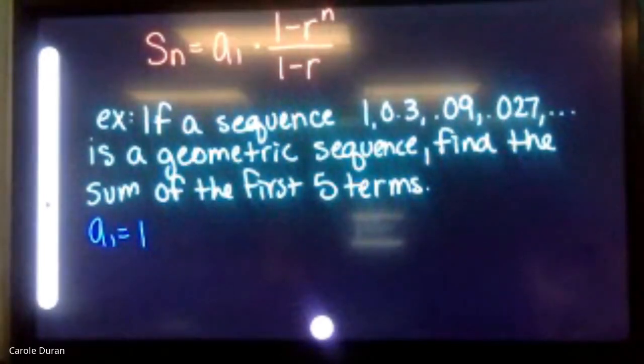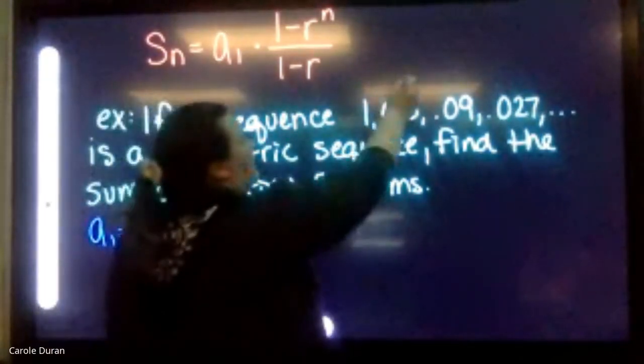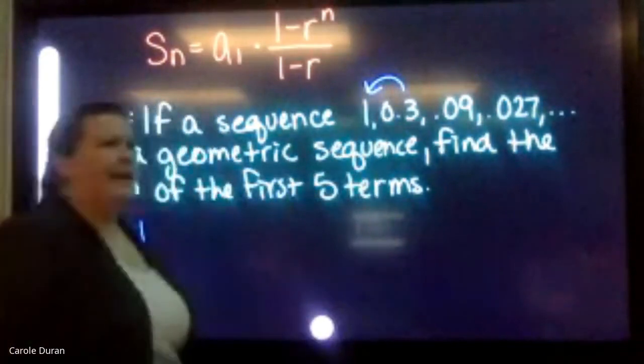How do we find the common ratio of a geometric sequence? What do you mean by difference between terms? Okay, so how do I find that without just guessing or eyeballing it? How do I mathematically find a common ratio? I take a term and divide it by the term that came before it, right?